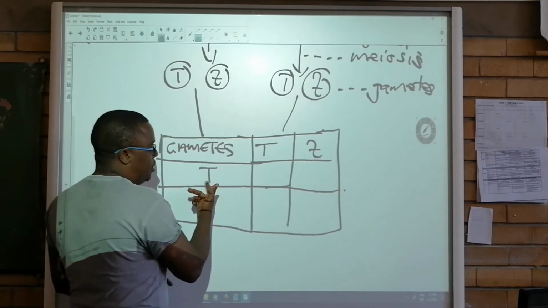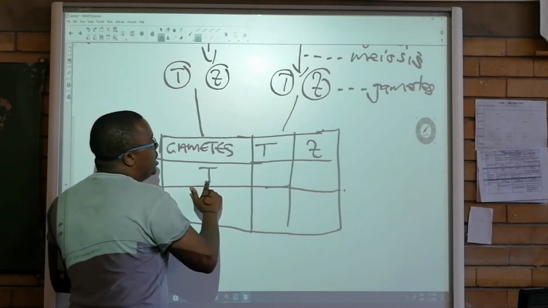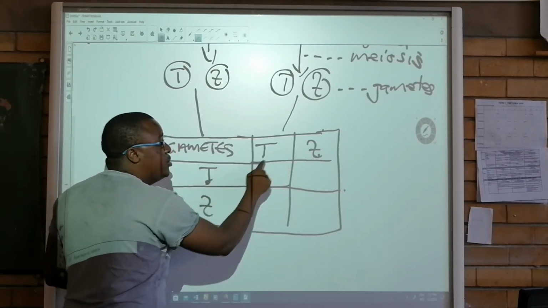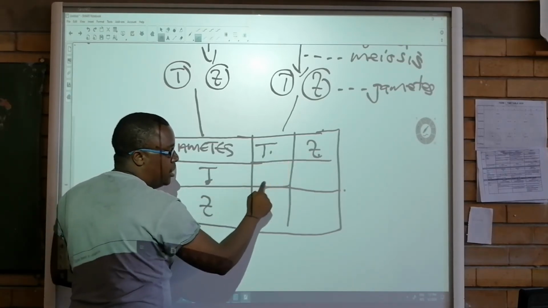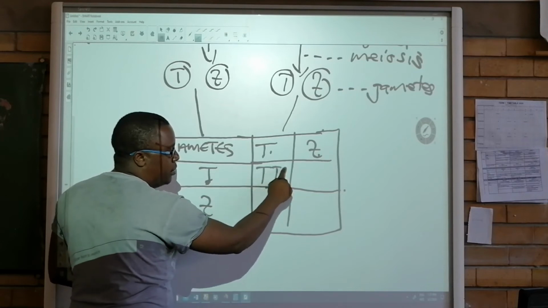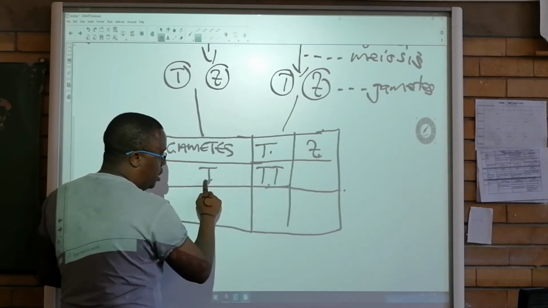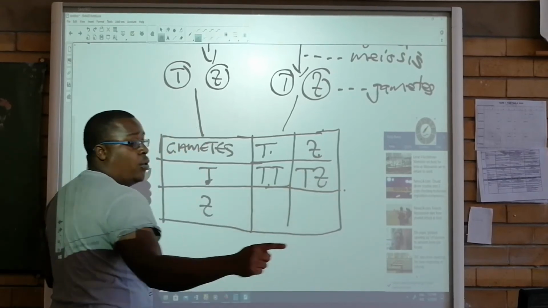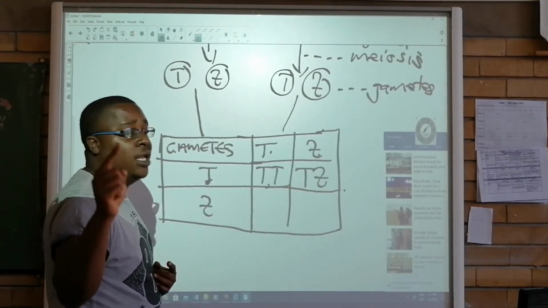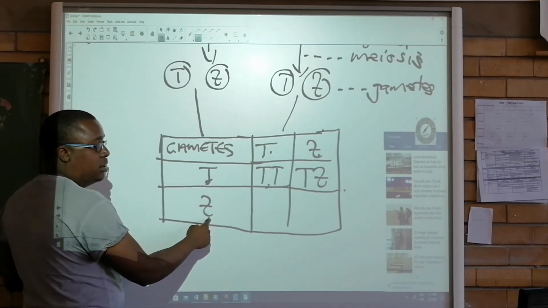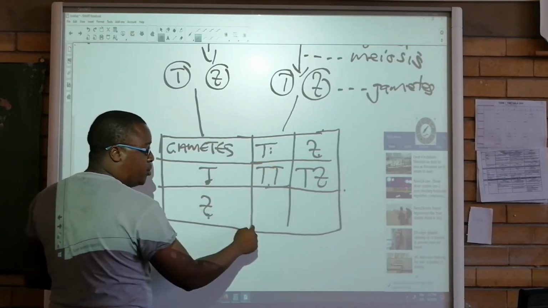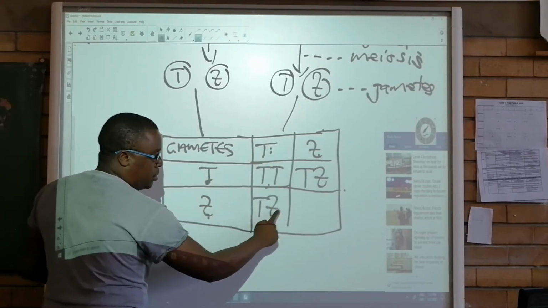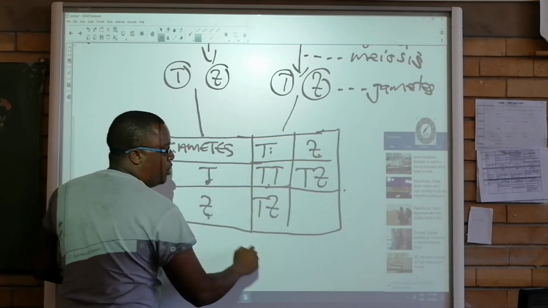Again, for simplicity's sake, we take one gamete and we walk with it. Let me take this one. This gamete can fuse with this one or that one. If this one is fusing with this one, they meet in here. This one fusing with that one, they meet in here. Remember, we always start by writing the dominant allele. And then this one can fuse with this one, where do they meet?